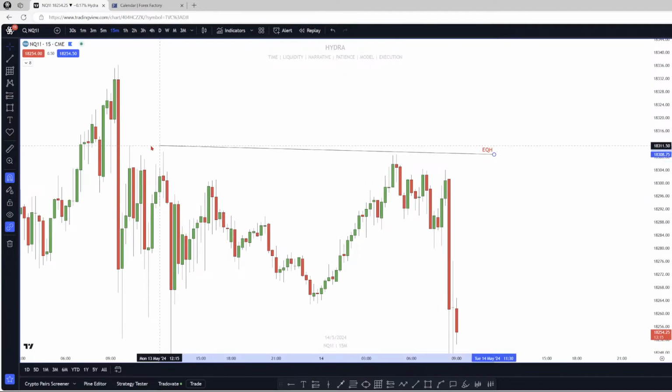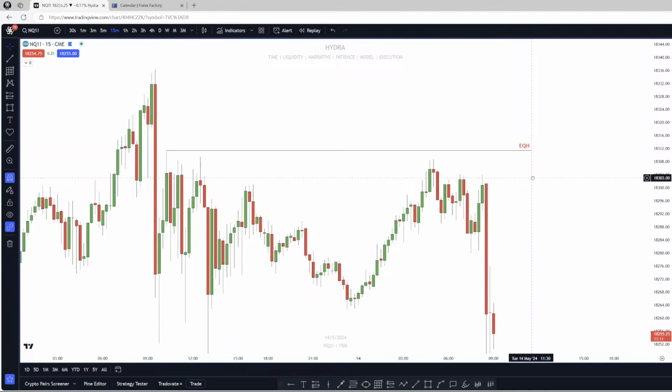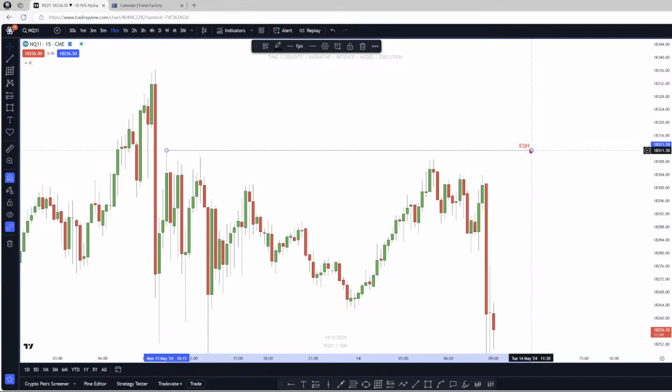This part of the gap is unfilled up here. So if I'm correct identifying the DOL, which is up here, then very likely price will reach 18310. Nice price level, right? Aligning with this part on price. This is unfilled.